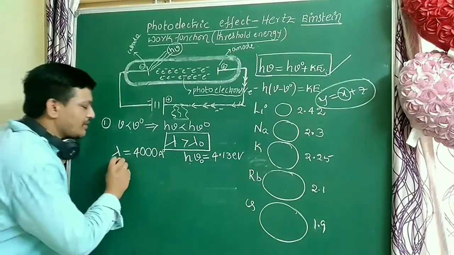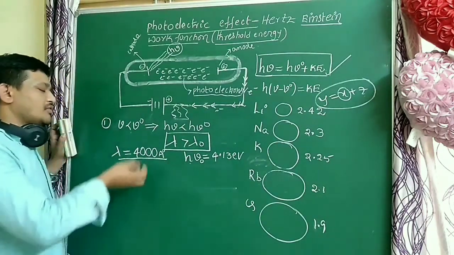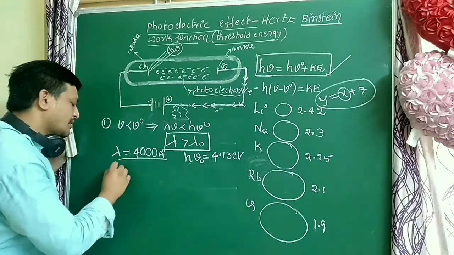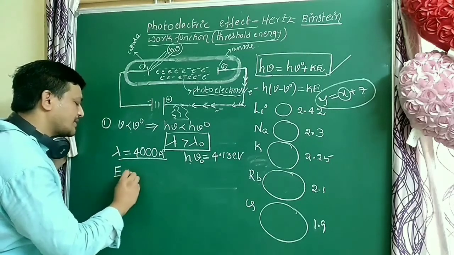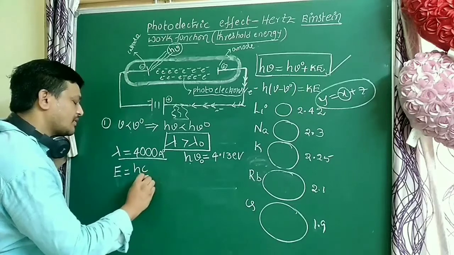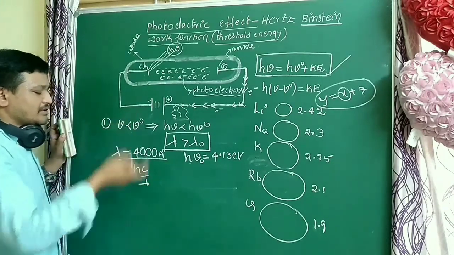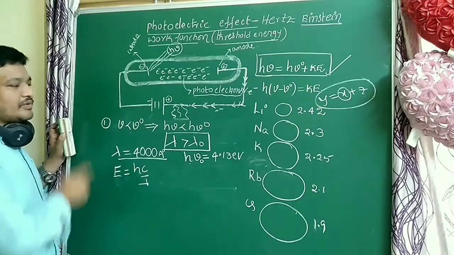Here the light wavelength is given. So by using the wavelength, you have to calculate the energy. What is the formula of energy? E equal to hc by lambda. This is the relation between energy and wavelength, inversely proportional. You already know this formula.